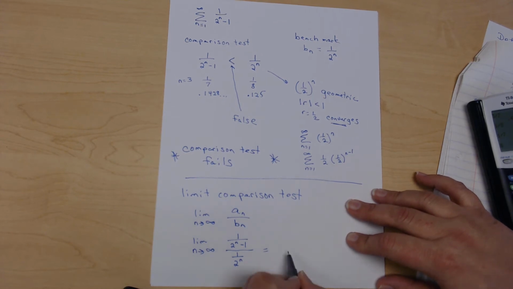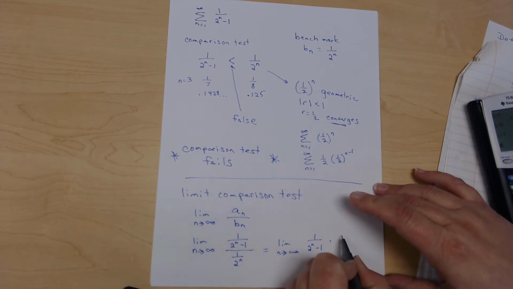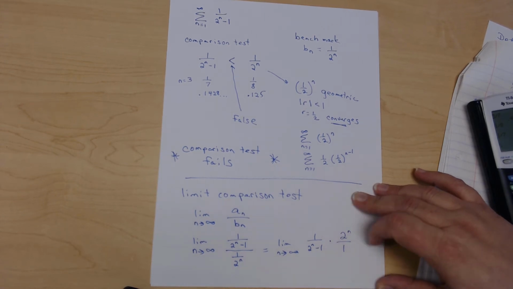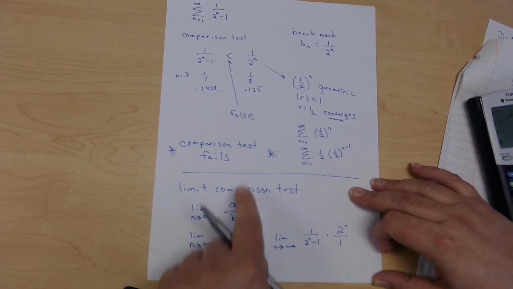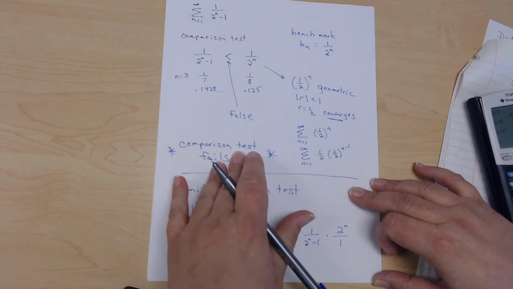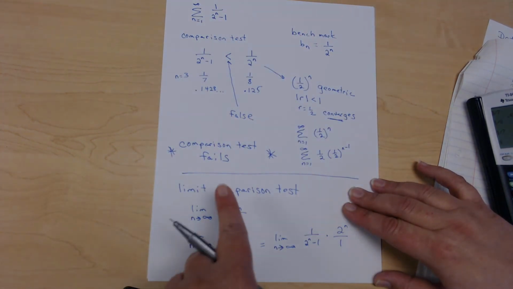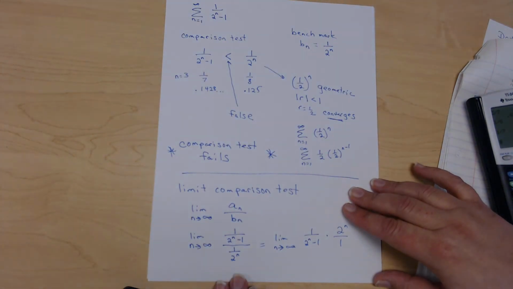So the limit as n approaches infinity, my numerator, and then my denominator, I'm going to flip this guy over. Okay. All right, now I think we can slide it up because I got my a from here, and my a and b are still here. So even though I did the comparison test and it failed, remember some of this I didn't even have to do, I can still use all of this for the limit.